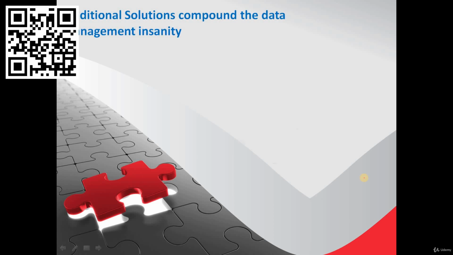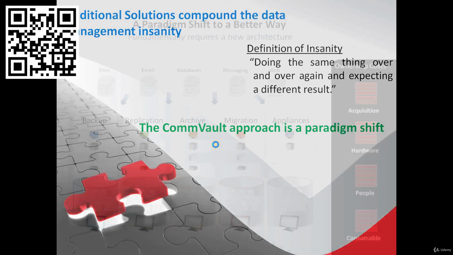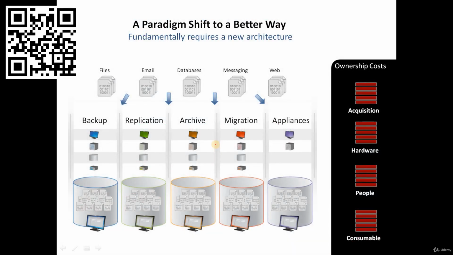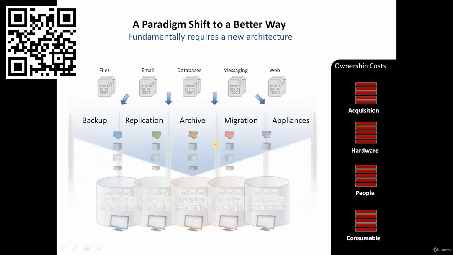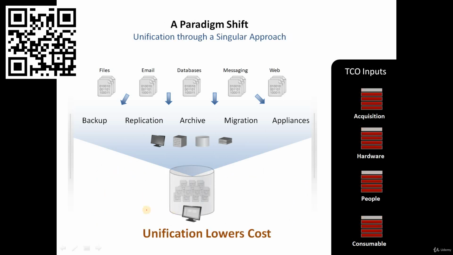So the traditional solutions do not solve the management headache, and what we are trying to do is the same thing over and over again and expecting a different result. So this is where Commvault has taken a paradigm shift approach, where using a single interface or a single platform we can perform multiple activities and we can also lower the cost.